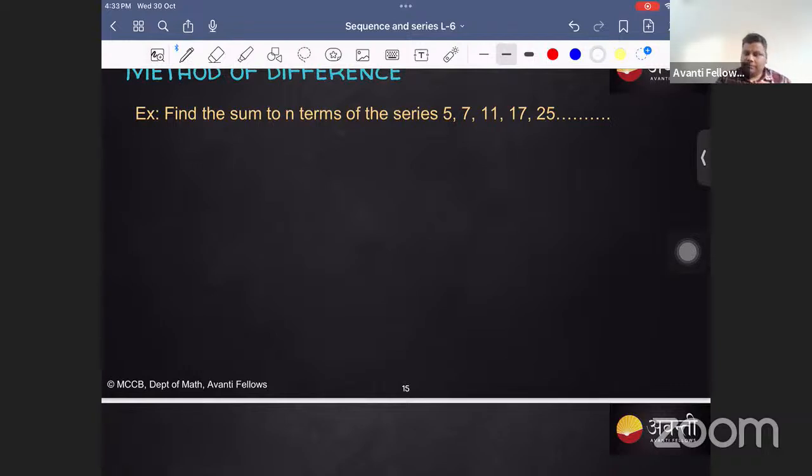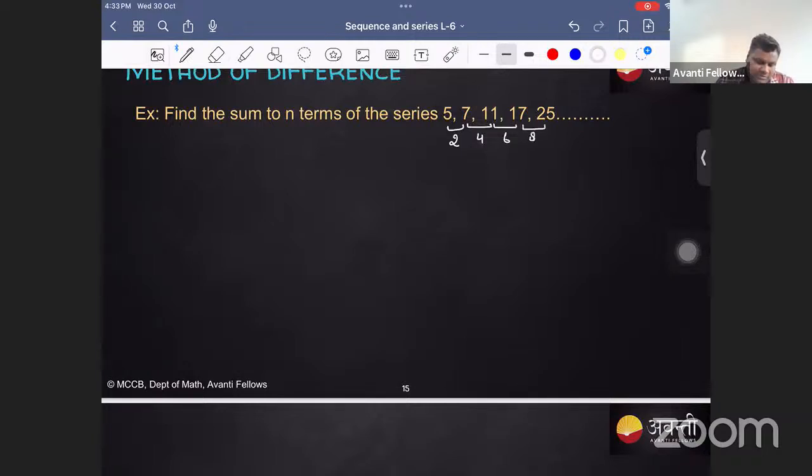First of all, 5, 7, 11. Now, another thing I notice: what is the difference between these two terms? 2. Between these two? 4. Between these two? 6.